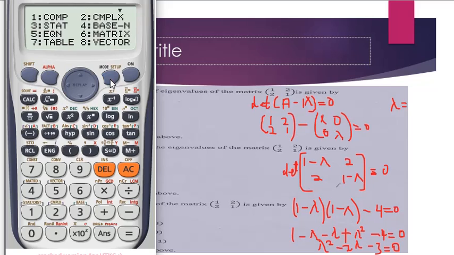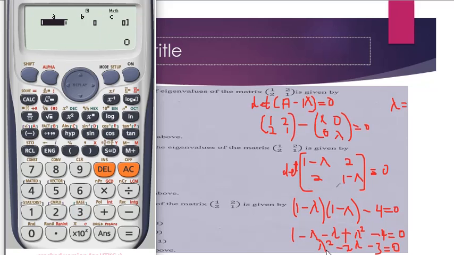You press Mode, choose the equation, that's 5, and then choose the quadratic. The coefficient of lambda squared is 1, then minus 2, and then minus 3.